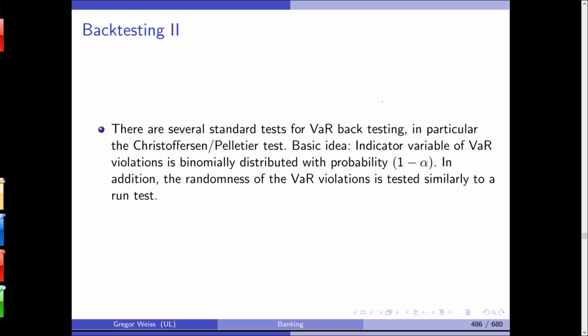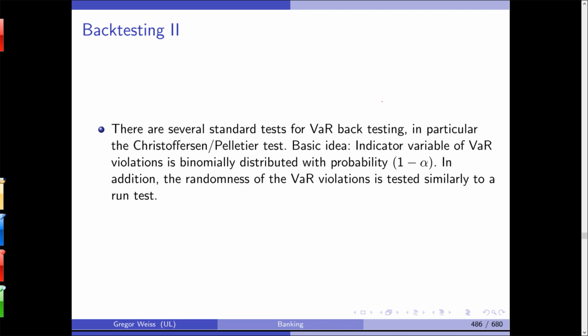This is one test you could use. It's due to Peter Christoffersen, who sadly died, I think, 2 years ago, from the University of Toronto, and Denis Pelletier. There is also one test by Paul Kupiec, who I think still works for the Federal Reserve System. The basic idea behind the Kupiec test is simply to count the number of VaR exceedances and to compare this number with the theoretical number you would expect.